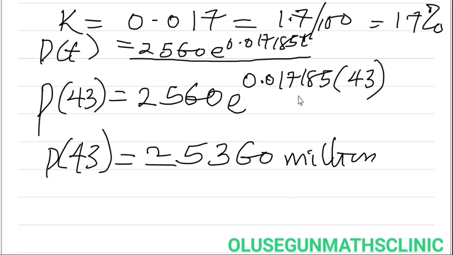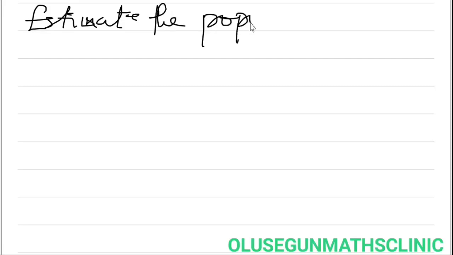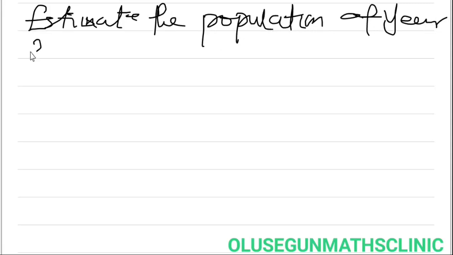What makes it a little bit difficult is the first step, getting the constant. Since we know the equation, P of t is 2,560 exponential 0.017185 t, now let's estimate the population for the year 2025.